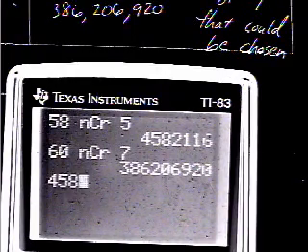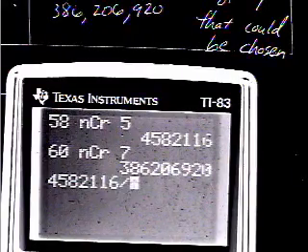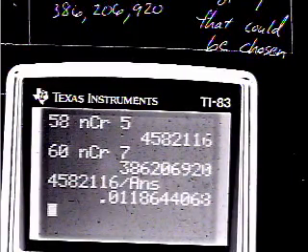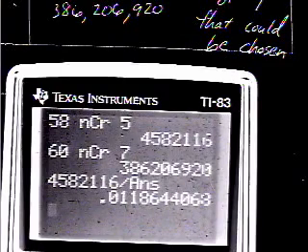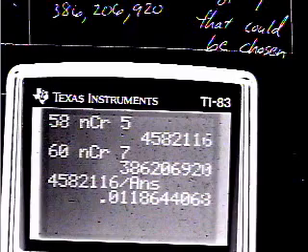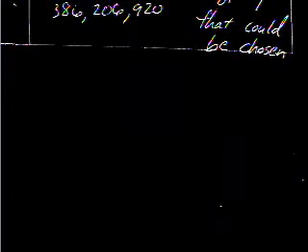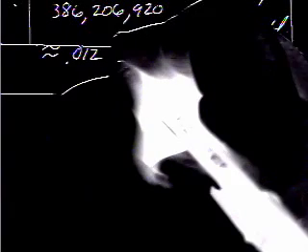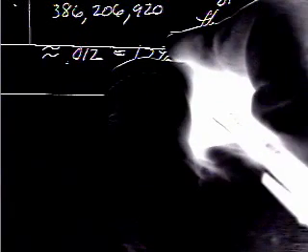So let's take the 4,582,116 and divide by the answer. Looks like there is a 1.2% chance. 0.012, which is equal to 1.2%.